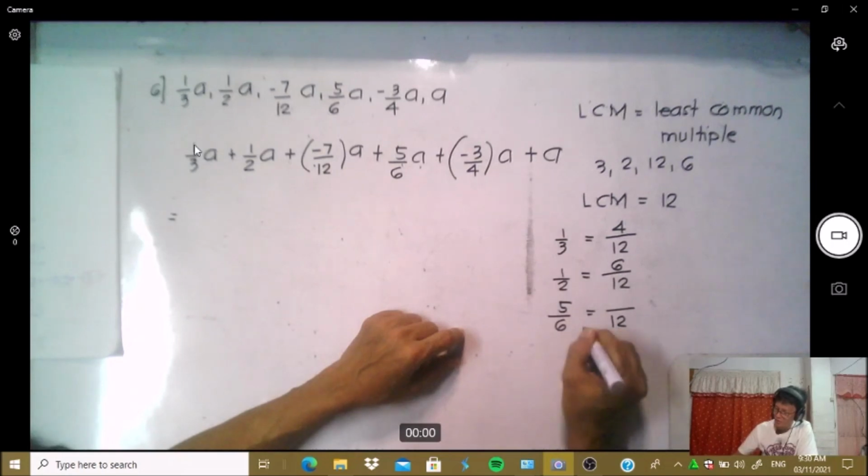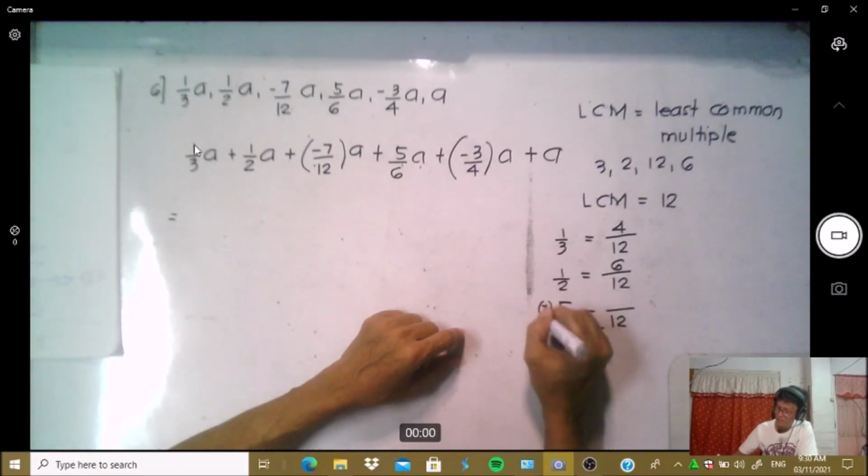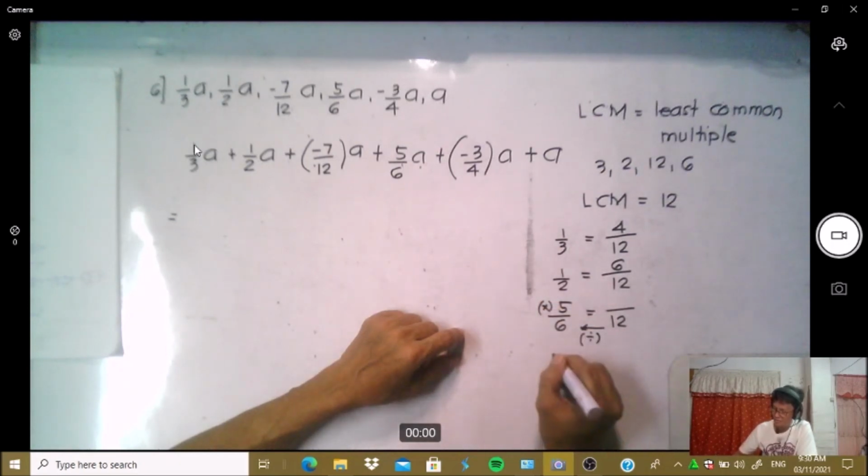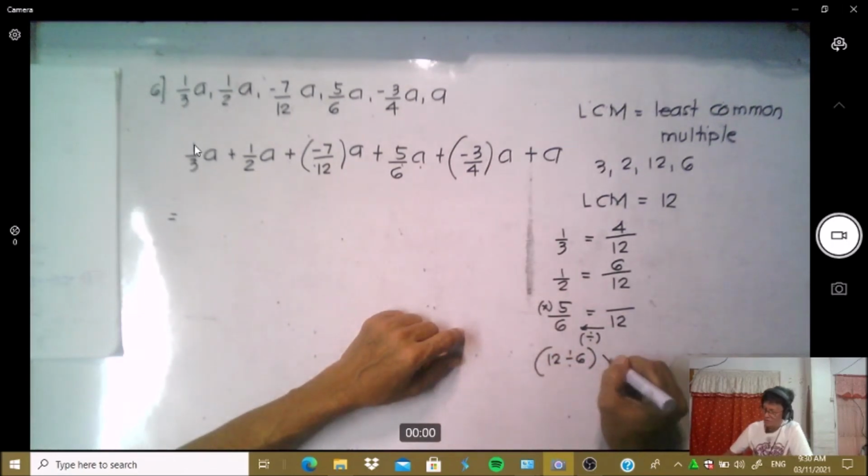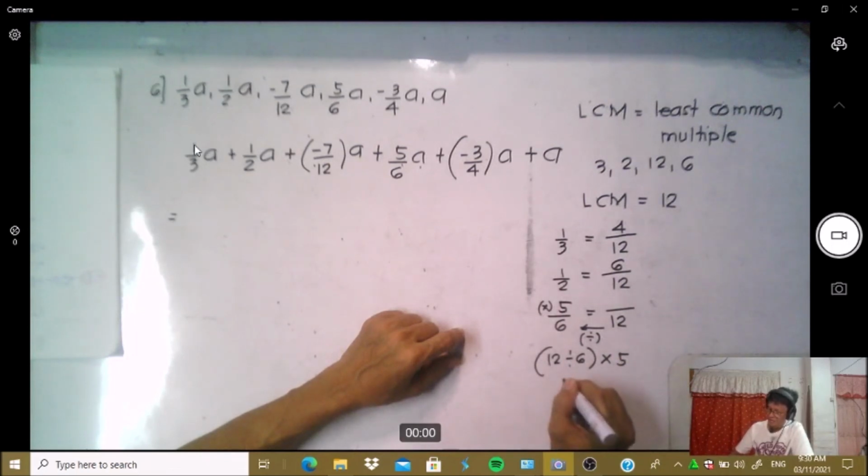So what you are going to do here is first divide, then multiply in the numerator. This simply means we do this operation: 12 divided by 6, then multiply the quotient by the numerator, which is 5. 12 divided by 6 is equal to 2, multiplied by 5 is equal to 10.